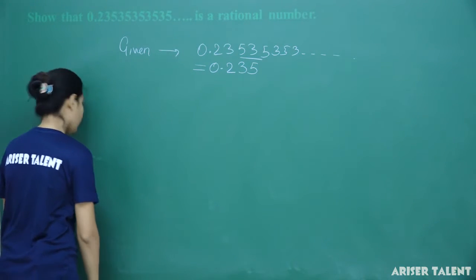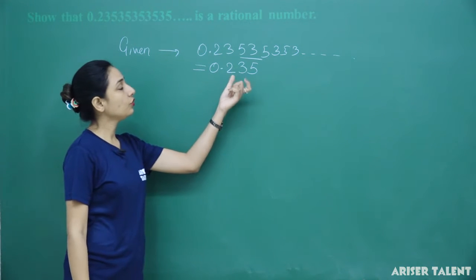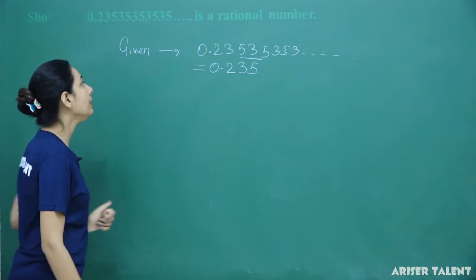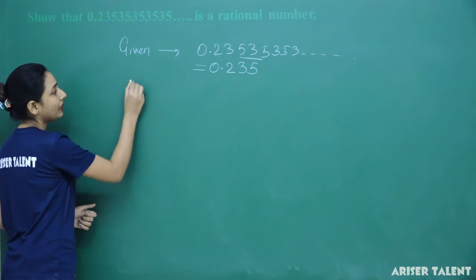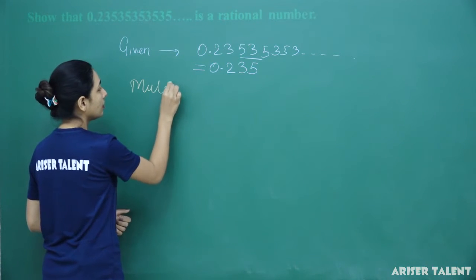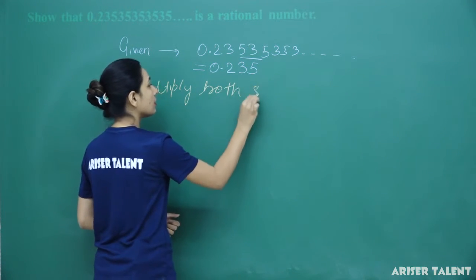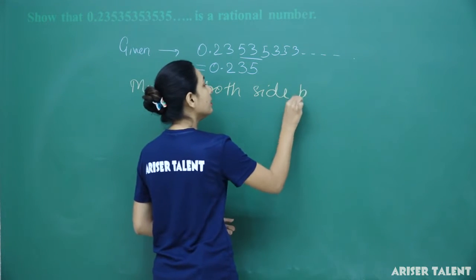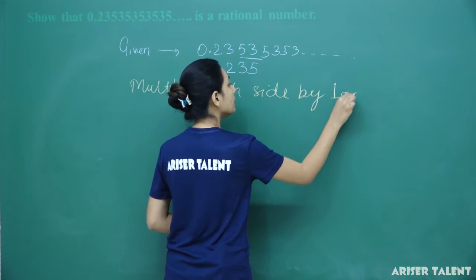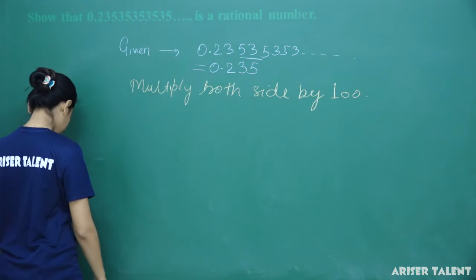Now let us say we multiply both sides by 100. So what will you get?